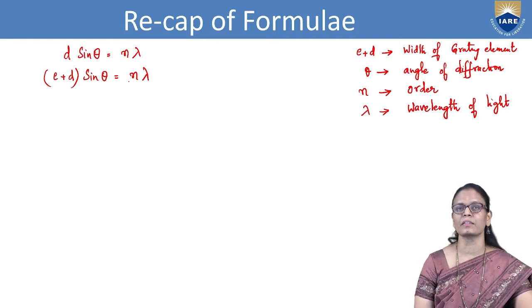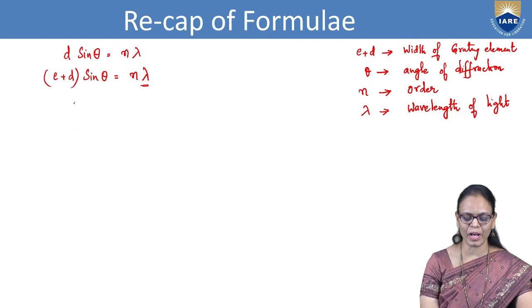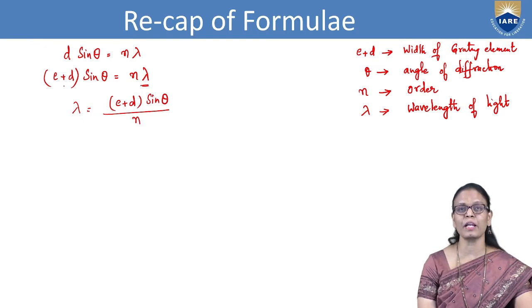So this is clear. Now in some cases, with the help of this grating experiment, you may be asked to find lambda. So lambda will be equal to E plus D into sine theta upon n. Simply we are rearranging the terms and writing E plus D into sine theta by n.